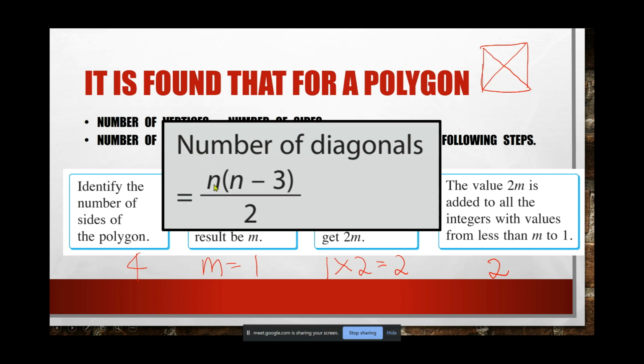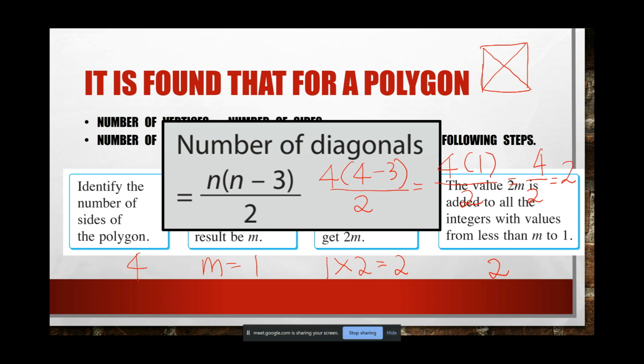So for example, the quadrilateral that we have, the n is 4. After that, 4 minus 3, and then you divide by 2. So it will be 4 times 1, then you divide by 2, then you will get 4 over 2. The answer is 2.